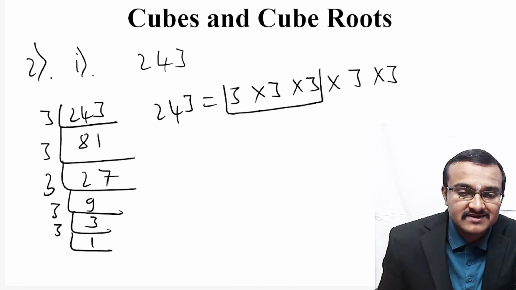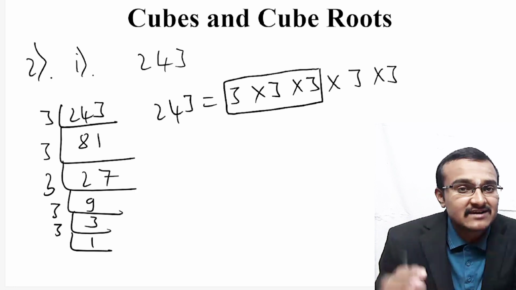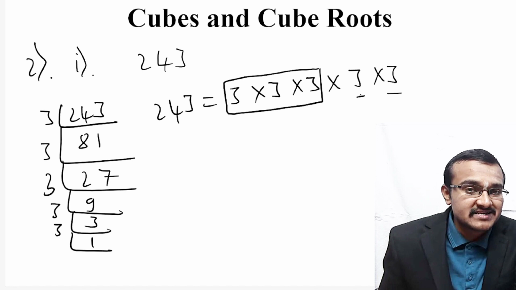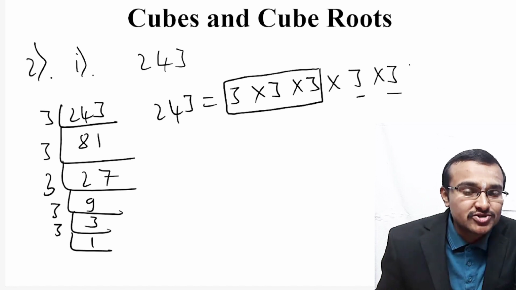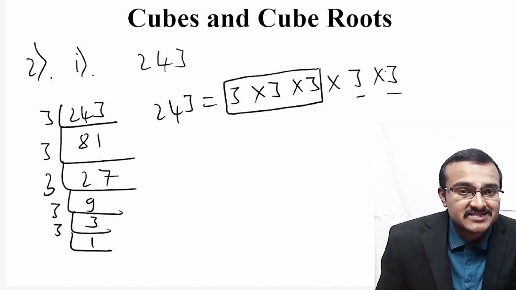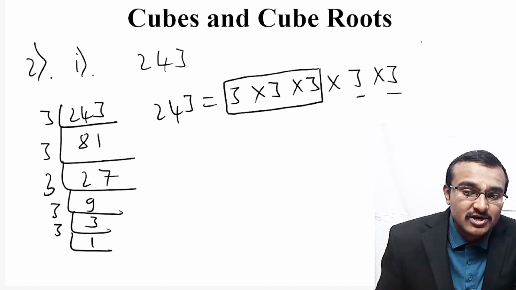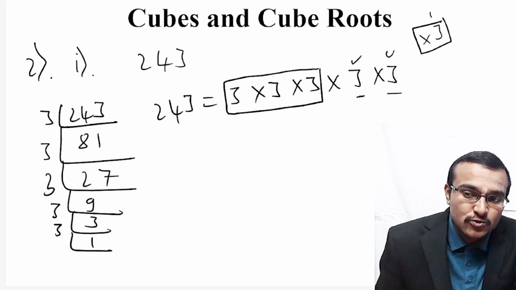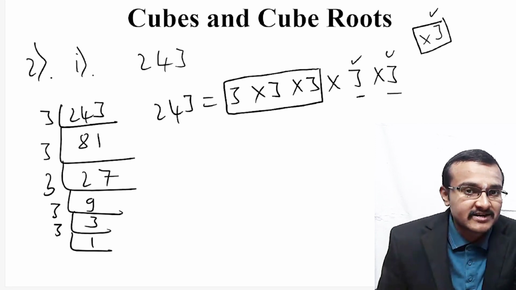So here the first 3 3's will get grouped with each other. The next 2 3's cannot group with each other because there is no one more 3 to group with these 2 3's. That means you should put one more 3 for this number so that these 2 3's can group with this 3 and you can get a perfect cube number.